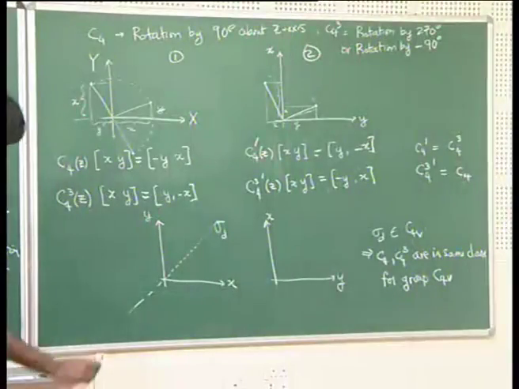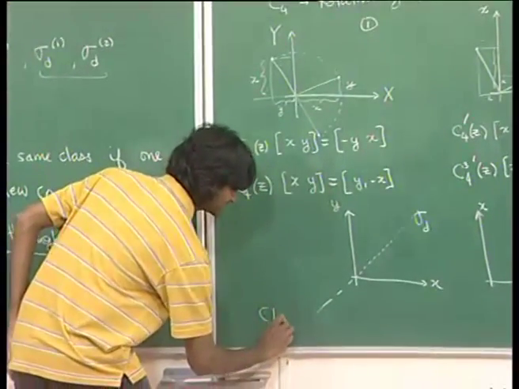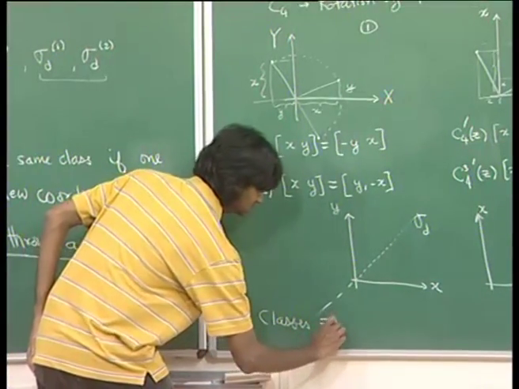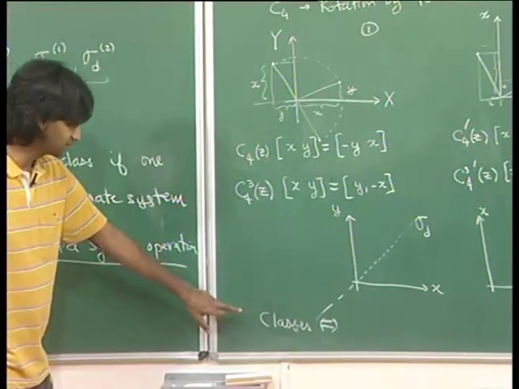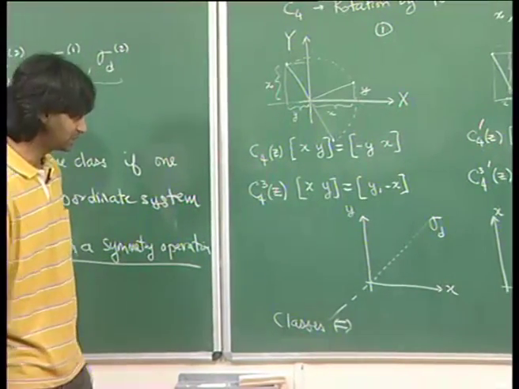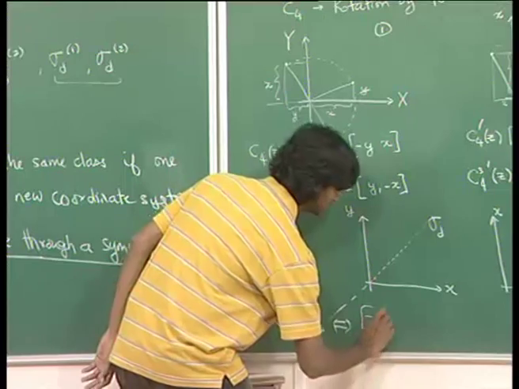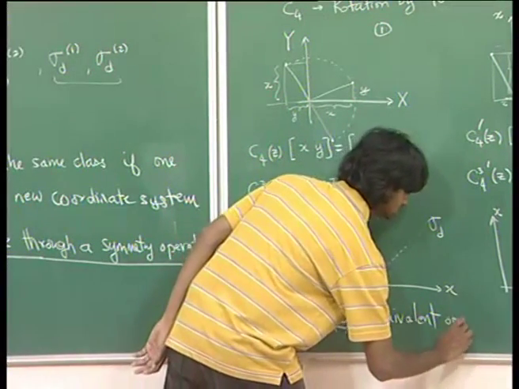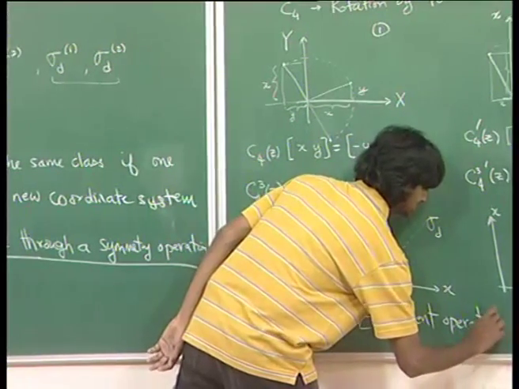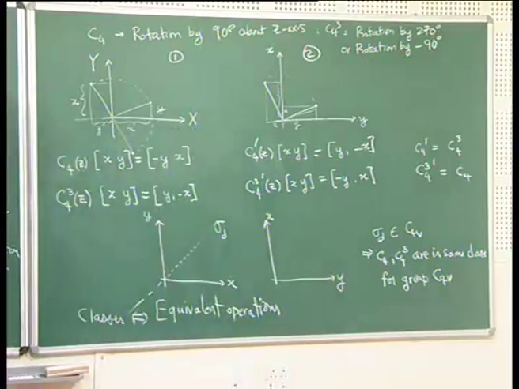And in a sense what we said is that if two operations are in one class, then those two operations are essentially equivalent operations. So two operations in a class are basically equivalent operations, and so this C4 and C3 turn out to be in one class.